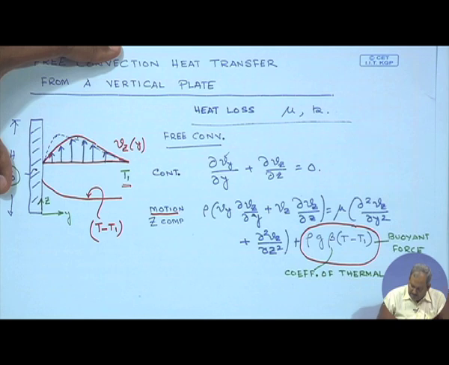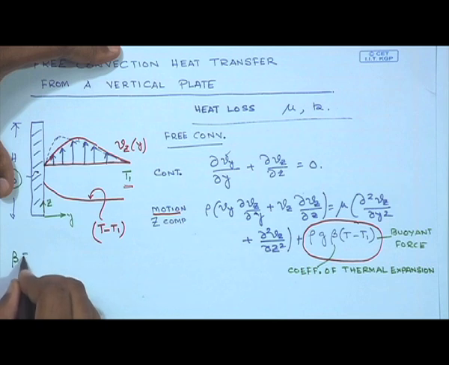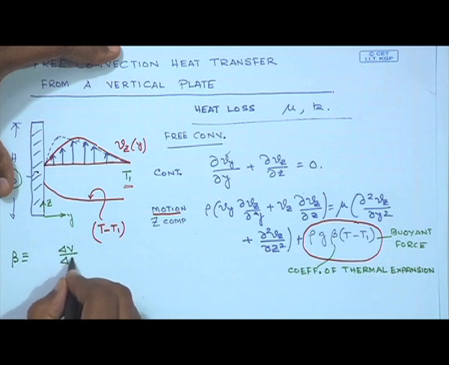So, if beta is the coefficient of thermal expansion, beta is simply defined as the change in volume with a change in temperature, non-dimensionalized by the volume. So, this is the change in volume with respect to the original volume as a result of change in temperature.